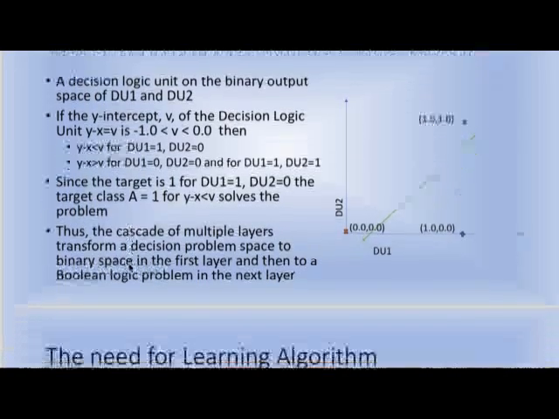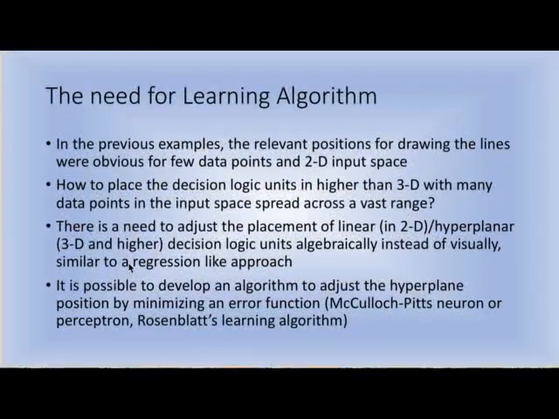Now we will look at some observations. The observation here is that we have solved simple two-dimensional problems with very few points. When the problem is not two-dimensional, it could be three-dimensional, four-dimensional, n-dimensional, and it can have a lot more points spread across a large range.